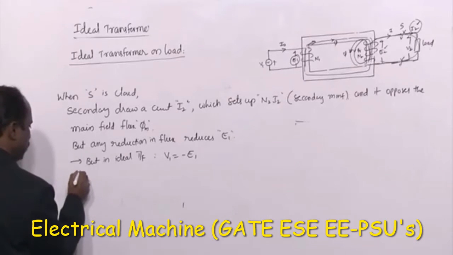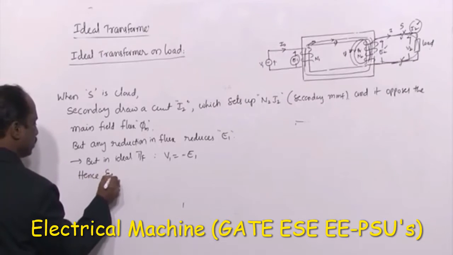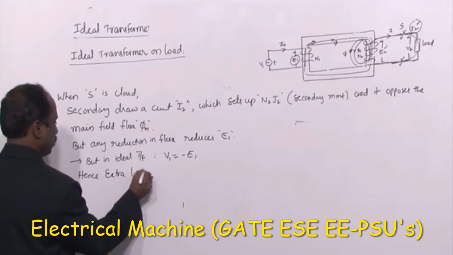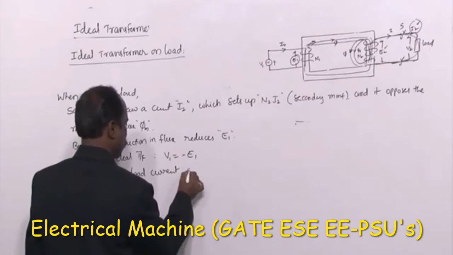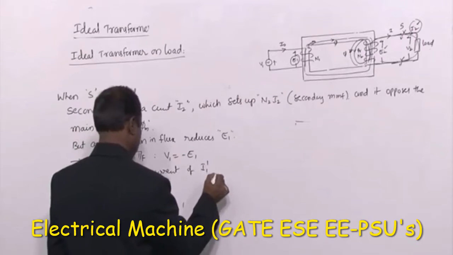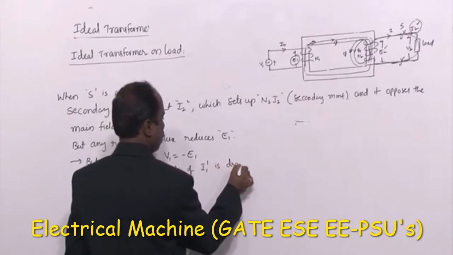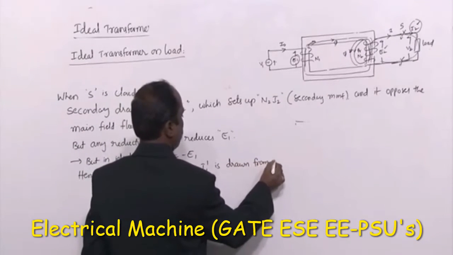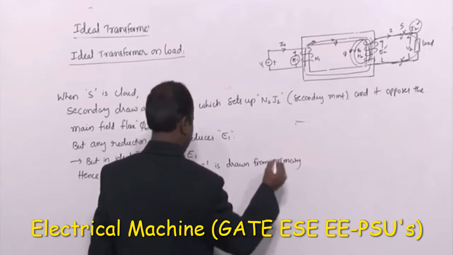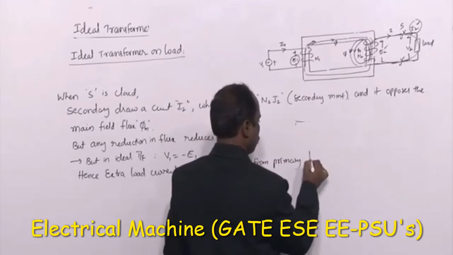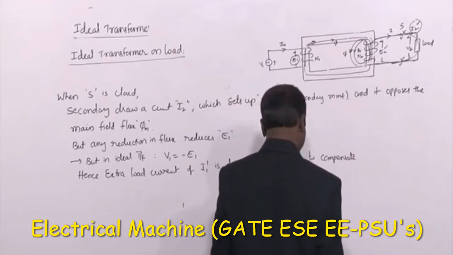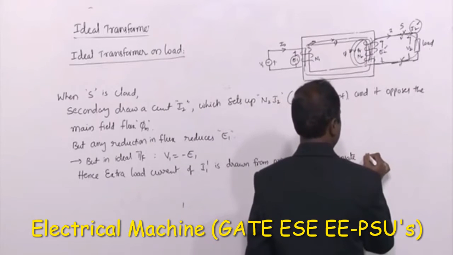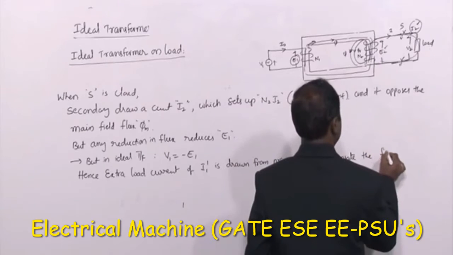Hence an extra load current of I1 dash is drawn from the primary to compensate the flux reduction.